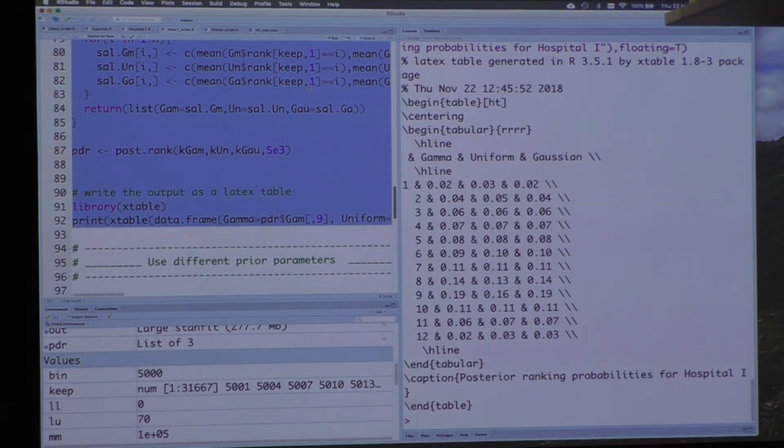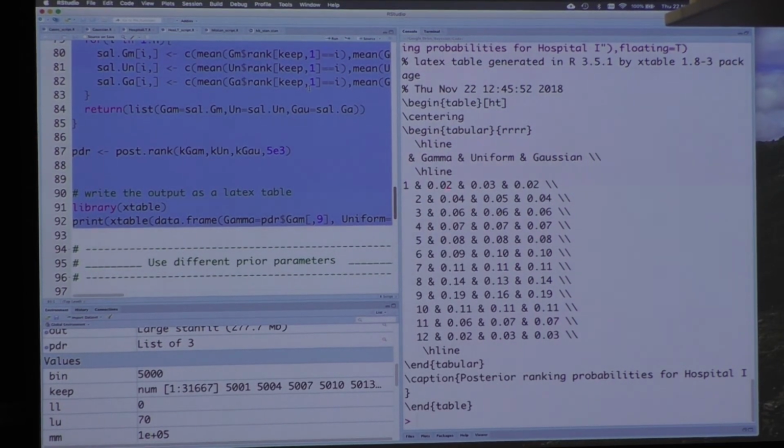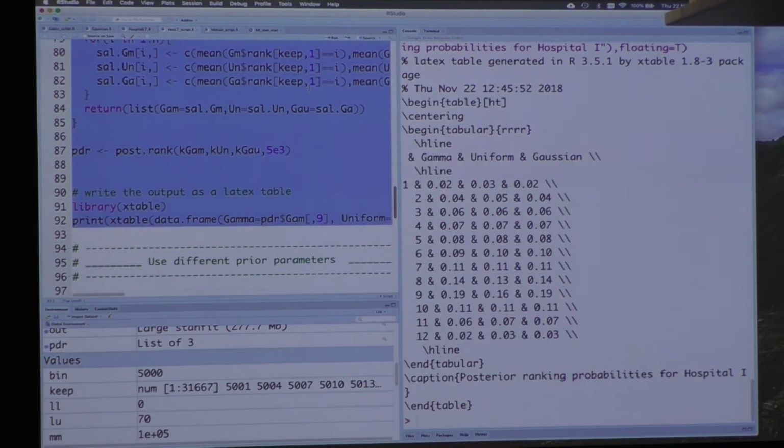You can use a package that will write your tables in TeX, so you can just copy that. But these are the probabilities for hospital I, from each one of the priors, of being ranked first, second, and so on. Okay, so the mode of this distribution is at 9.